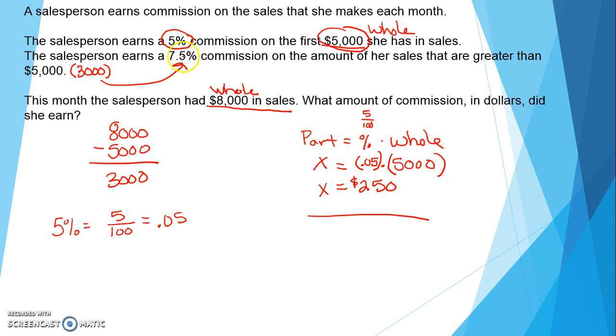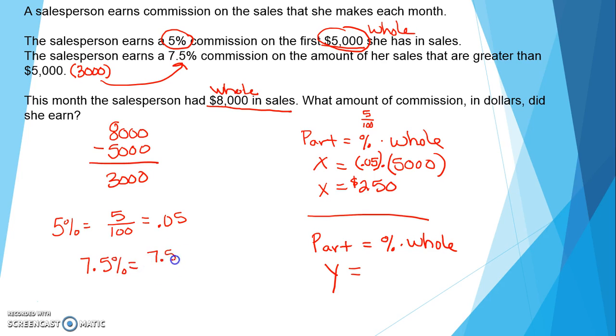Now she gets a little higher commission for the next $3,000 to get us to our total of $8,000. So again, we're going to use part equals percent times the whole. We don't know the part. This time I'll call her second part Y. I know my percent now. I make 7.5% commission.